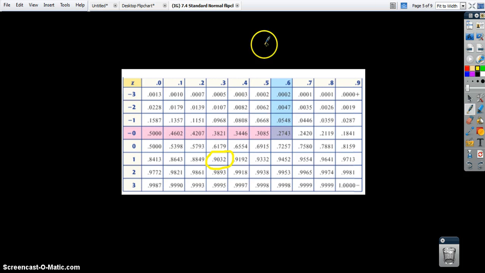So if we're talking about less than, you look at this and you say, yep, that's my answer. If you're talking about greater than, that would be to the right of, so you would have to subtract this number from 1. And that should pretty much tie up everything you need to know in order to do your homework very well.